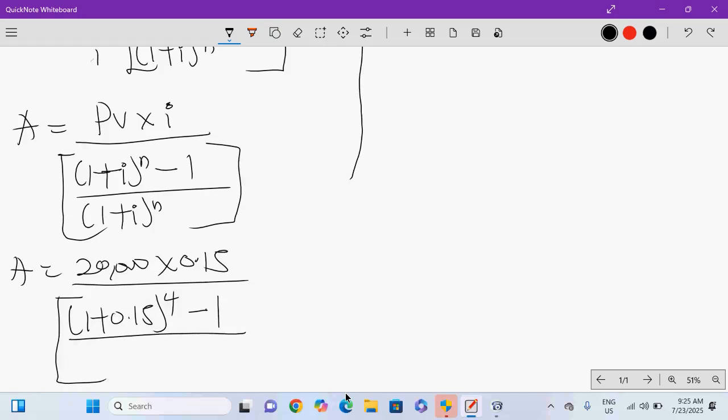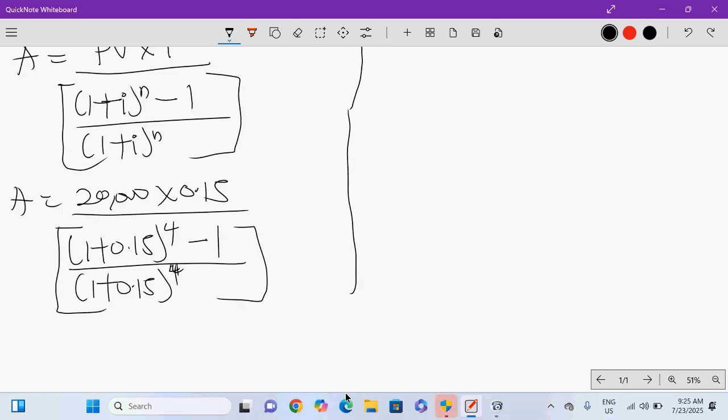Minus 1 all over 1 + 0.15 to the power 4 years, bracket close. So what do we have? According to my calculator, A is 7005.31 cedis.